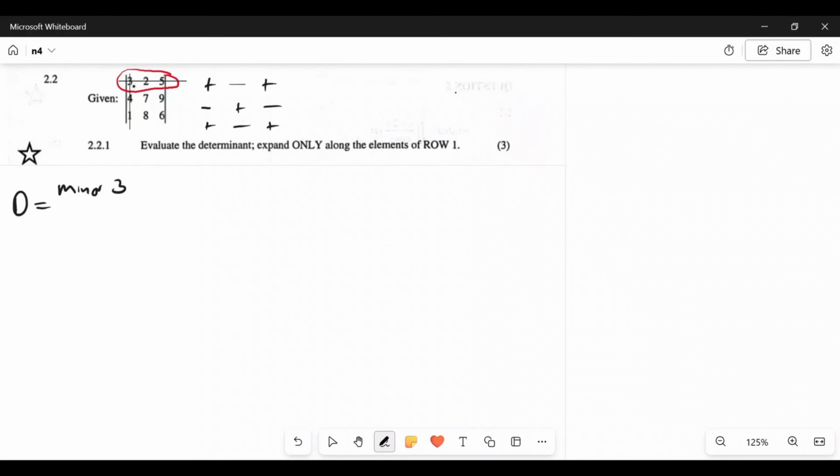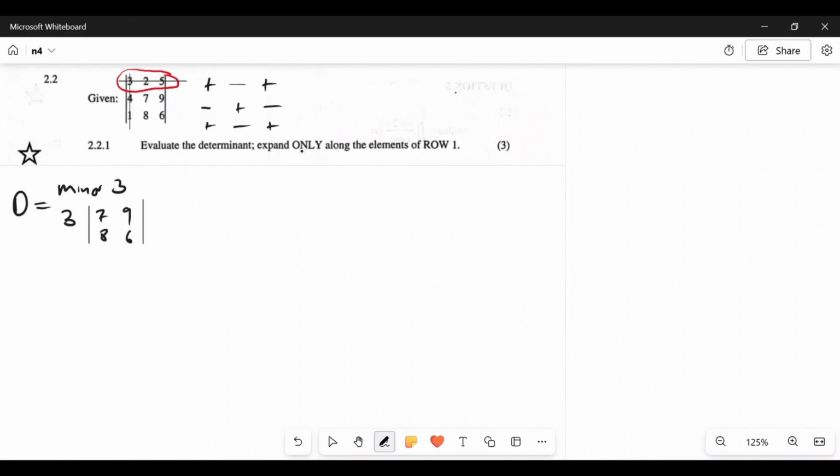But we can see that this 3 correlates with the positive there. So here's how we're going to write this. We're going to write 3, and then we write the matrix that is remaining there. We are left with 7, 8, 9, and 6.